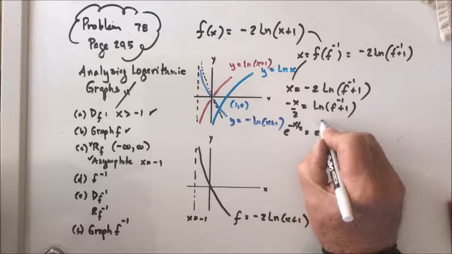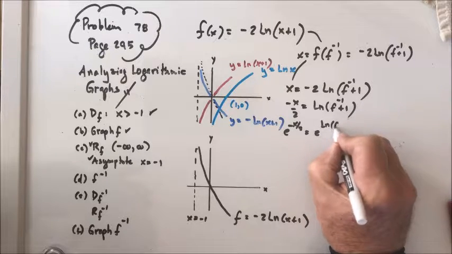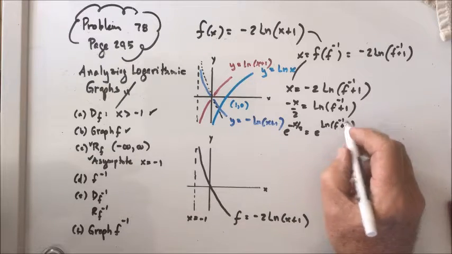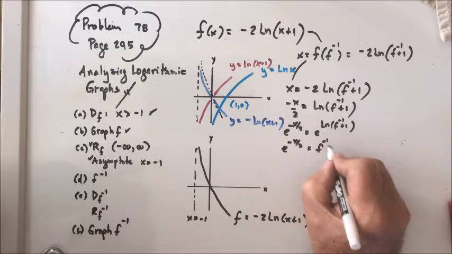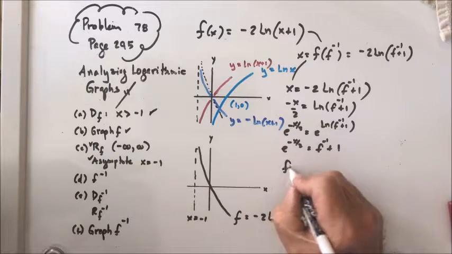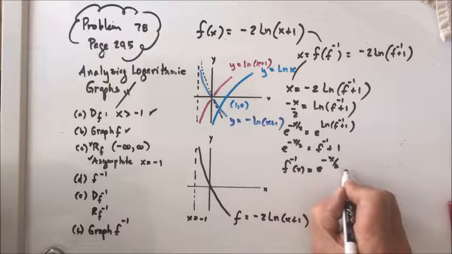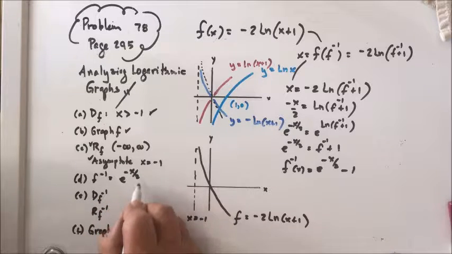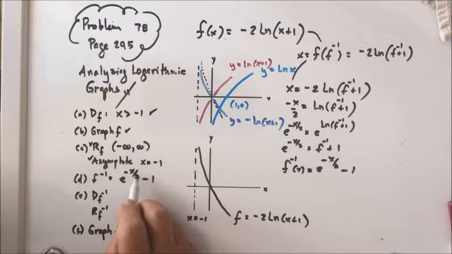I do that because e is an inverse to the natural log, and therefore this expression in the next line is just equal to f to the minus 1 plus 1, meaning f to the minus 1 of x is e to the minus x over 2 minus 1. e to the minus x all over 2 minus 1.